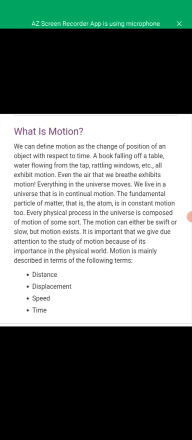That move is called force. Force is any agent that tends to change the position of a body from one point to another point. Force is the mystery behind motion. Force is the reason behind motion. So the other terms we have are distance, displacement, speed, and time.